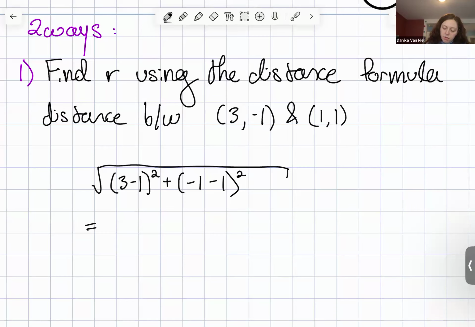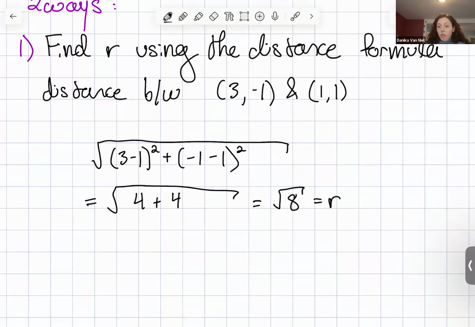Okay. So what do we get? We get 3 minus 1, that ought to be 2. 2 squared, that's 4. So I get 4 plus 4. That's going to be square root of 8. So that's our radius, that's our r. And then I could just do the formula, right? So our formula is x minus the x value of our center.